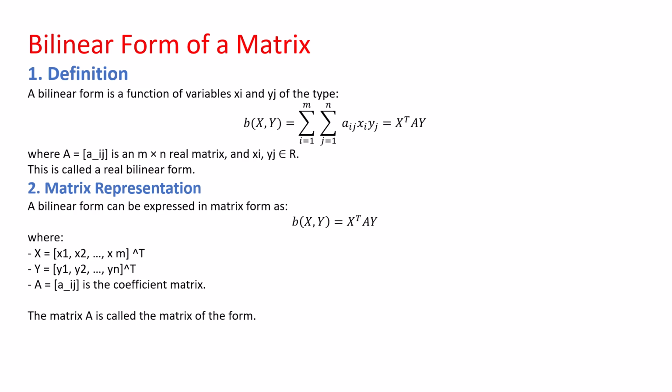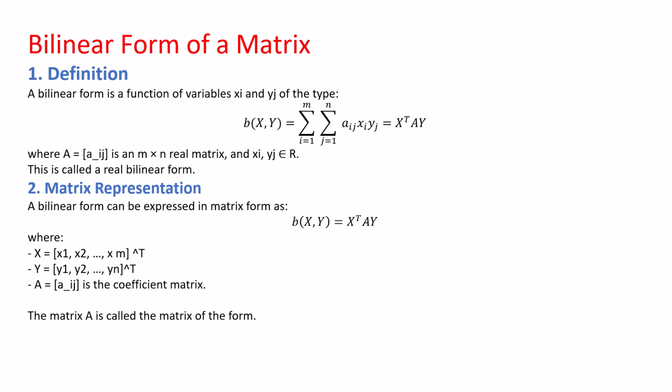A is given as aij, an n by n matrix, and xi and yj are real numbers. This is called a real bilinear form.